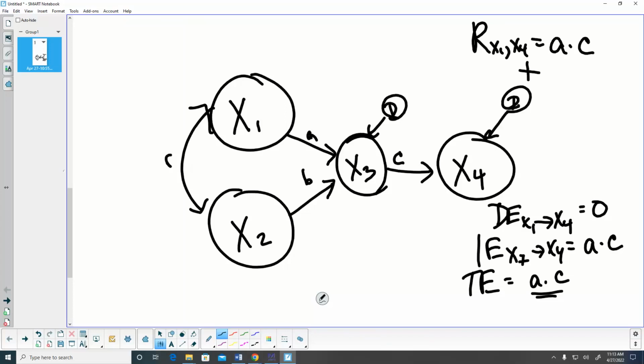So what are all the ways I can get from X1 to X4? And this is one way. And then the other way is to go from X1 to X2, X2 to X3, and X3 to X4. So now that would be R times B times C. Right? But again, those are different numbers, but they're telling us different things.